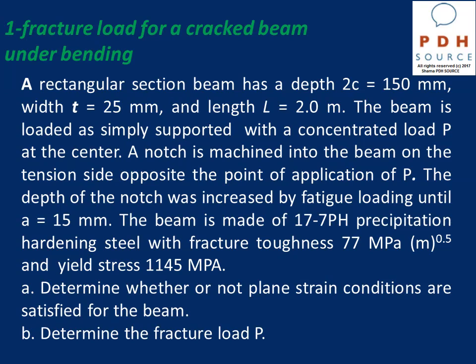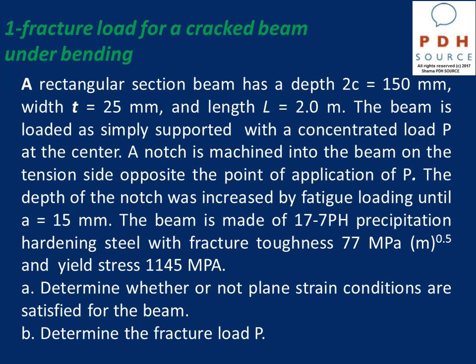It has a length of 2 meters and is simply supported with a concentrated load. There is a notch, and the notch is on the tension side, opposite to the point of application of the load.